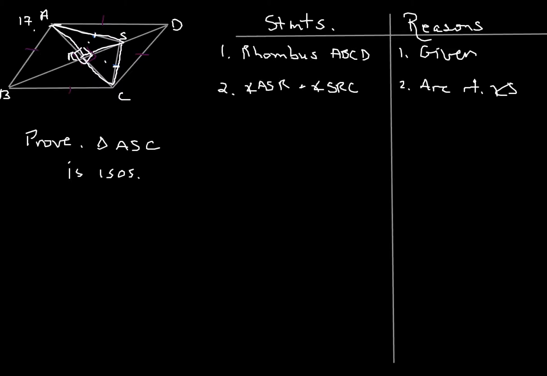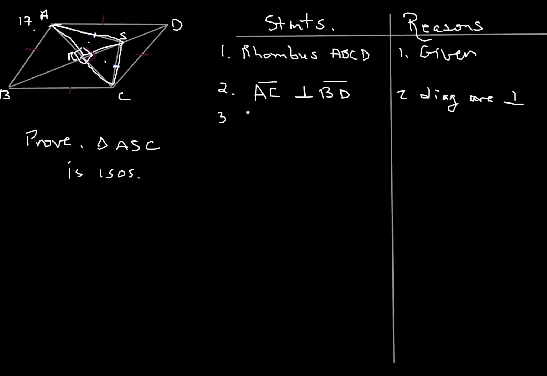I maybe shouldn't have skipped a step. Let's go back, sorry. Let's say that AC is perpendicular to BD. And we could say diagonals are perpendicular.